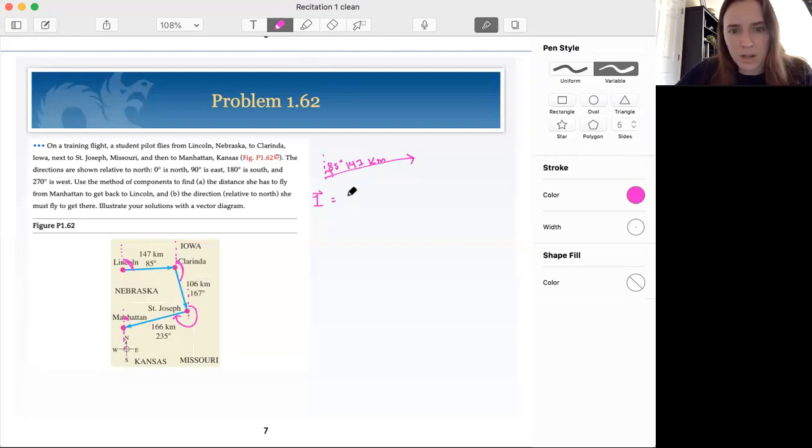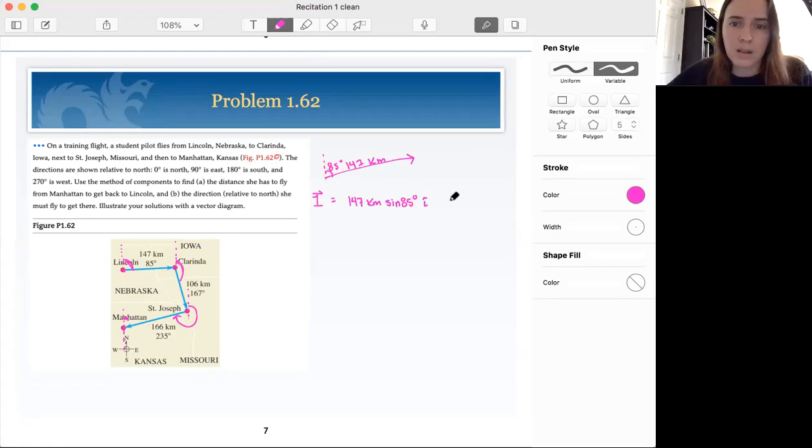Okay, so we're going 147 kilometers at an angle of 85 degrees. So our x component is sine 85. And that's to the right, so that's i hat, positive.